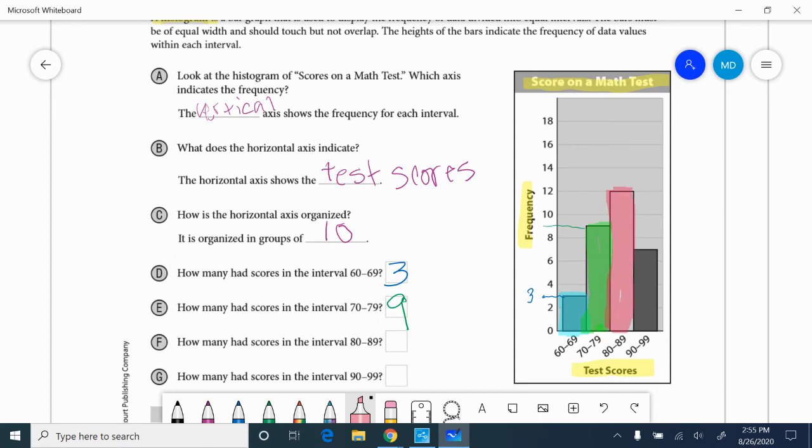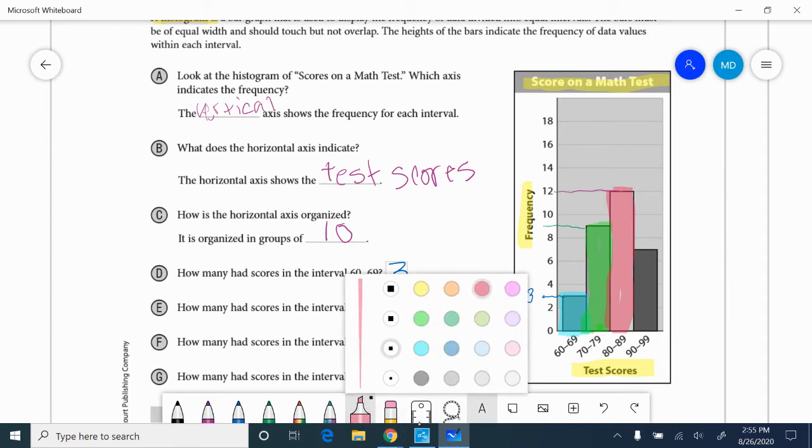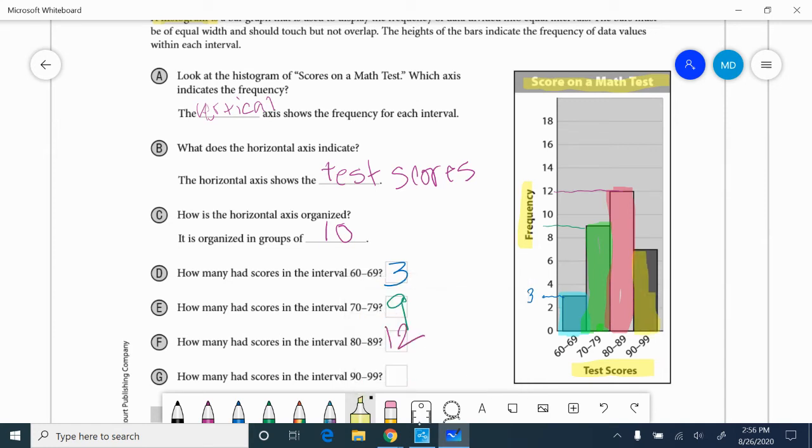That's this bar right there, and that's lining up right at 12. How many had scores in the interval of 90 to 99? That's our last bar. And going over, you can see that it's lined up right at 7.